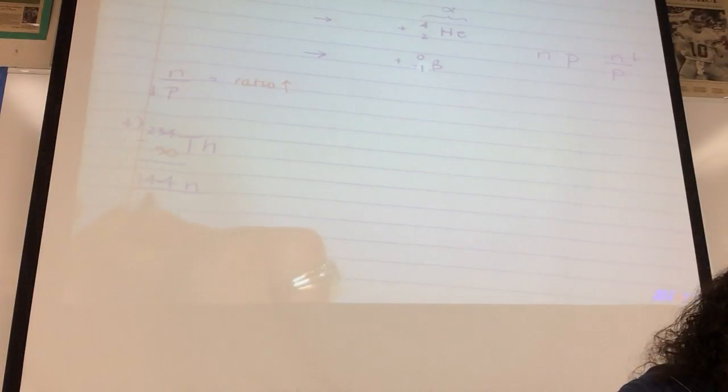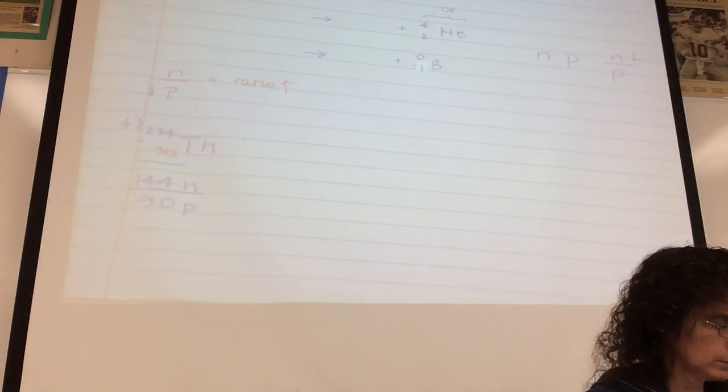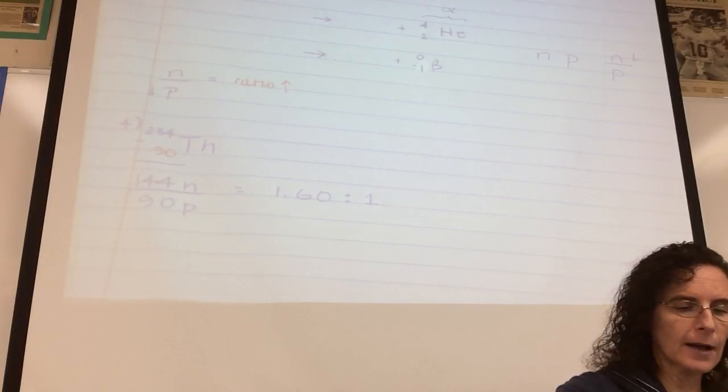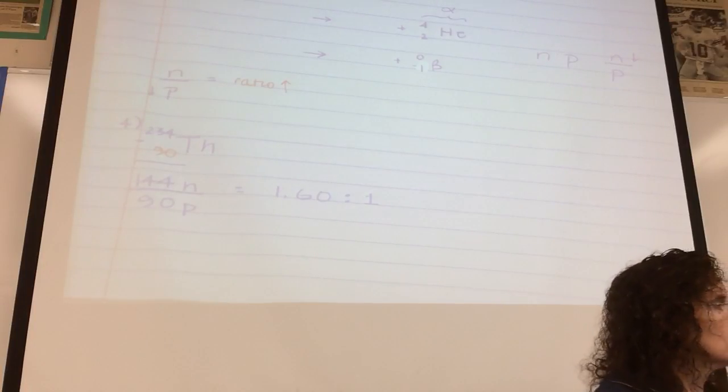And then we're going to divide that by protons. And that's going to be 1.60. We're going to maintain to the 100th. It'll be easier to make comparisons. Is that inside or outside the band of stability? Outside, okay.